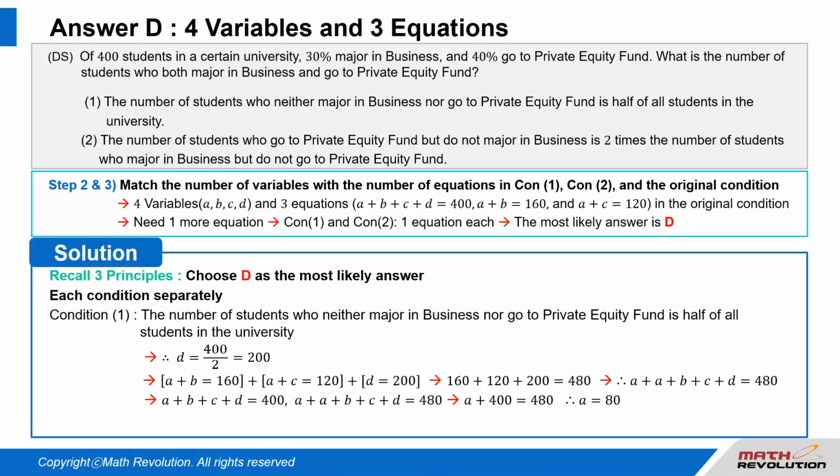Substitute A plus B plus C plus D equals 400 in it to get A plus 400 equals 480. That is, A equals 80. Since the answer is unique, this condition is sufficient.